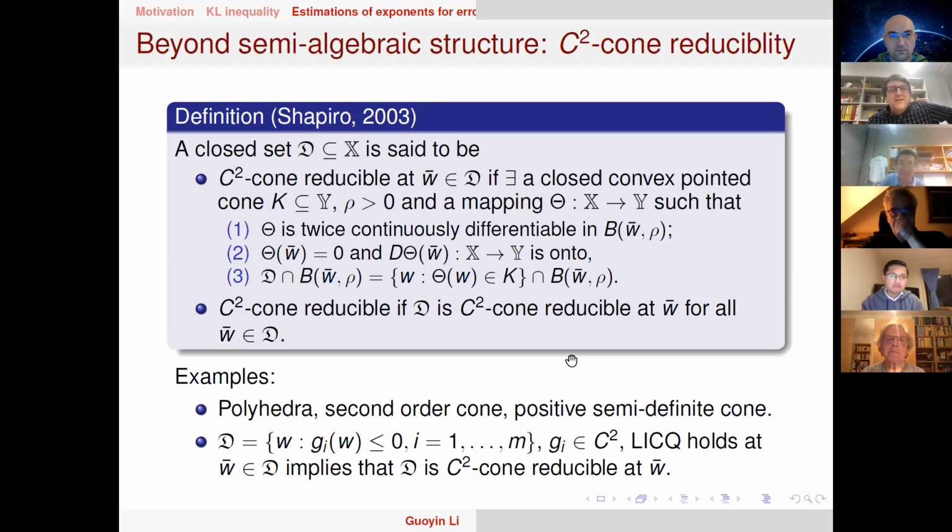Okay, and I have a question. Is there a suitable, useful KL result in infinite-dimensional spaces? I'm talking to people in optimal control and they would like to apply this KL theory beyond the finite-dimensional case. Is there something which can be said in infinite-dimensional spaces?